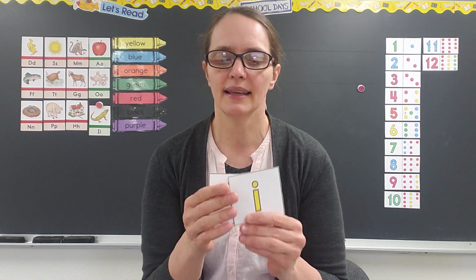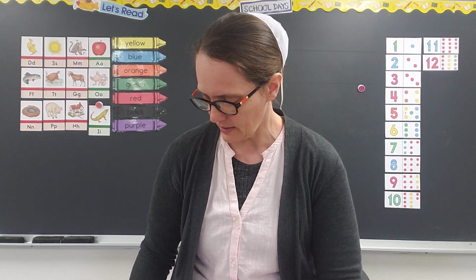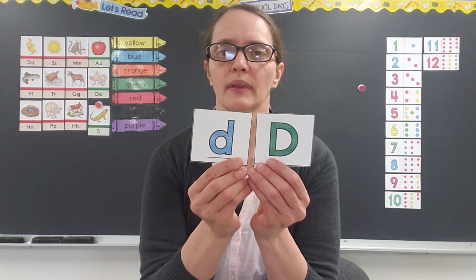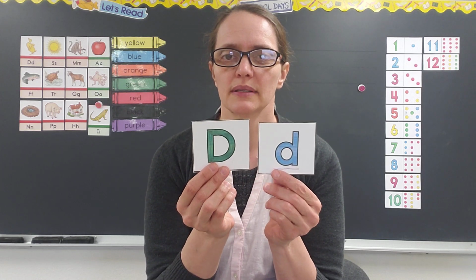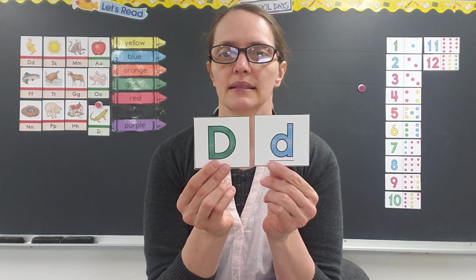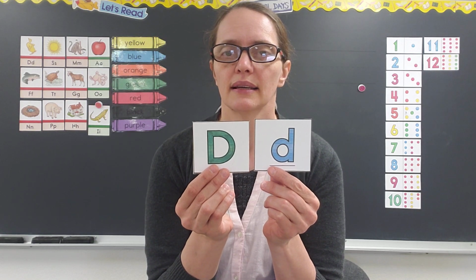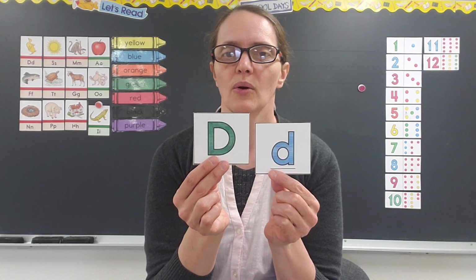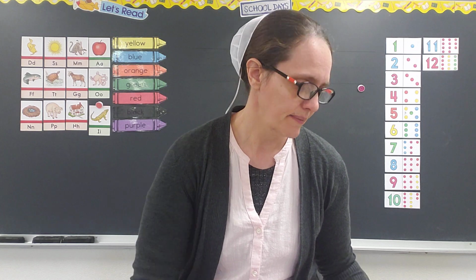I says I, as in insects, or igloo, iguana. How about this one? D says D, as in Daryl, or duck, or down. D.